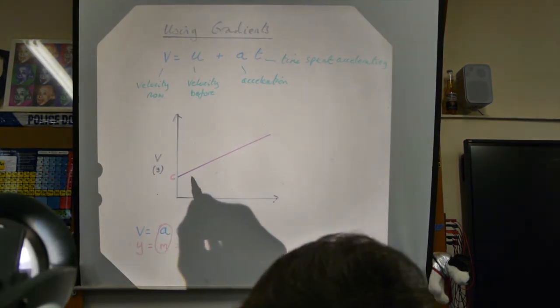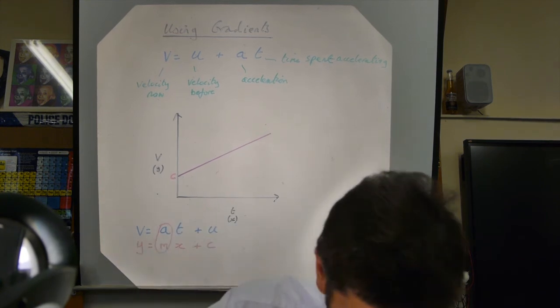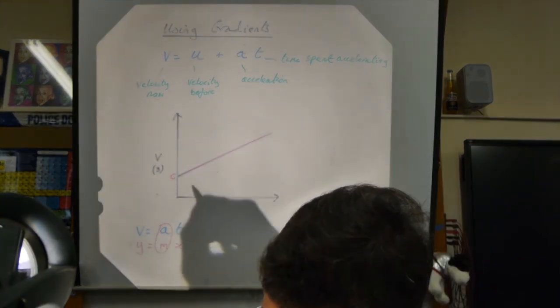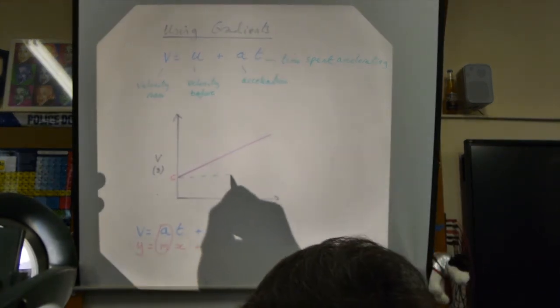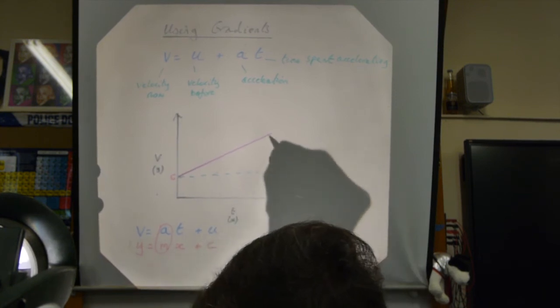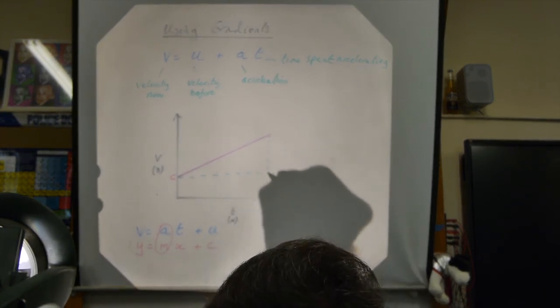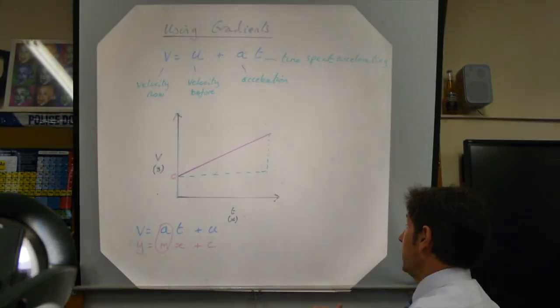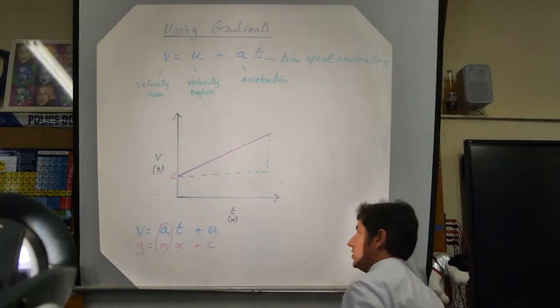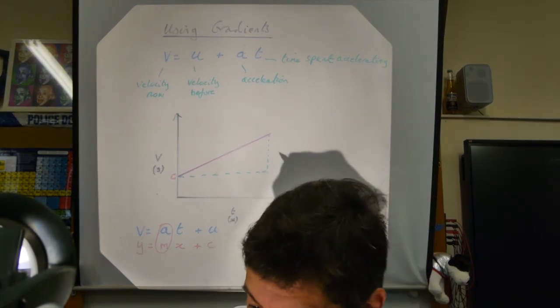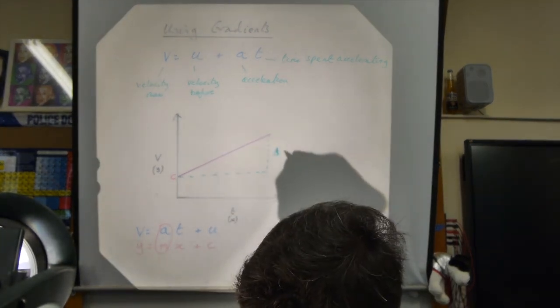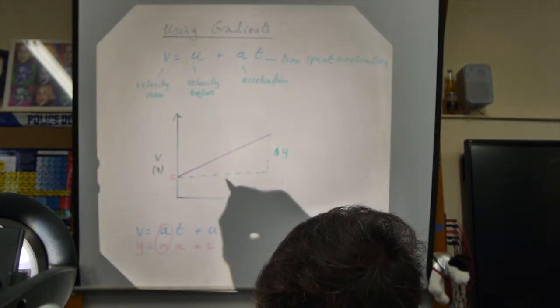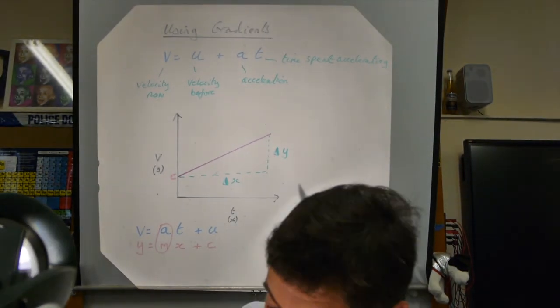You use a ruler for this, but bear with me because I'm doing this quite quickly. So here we go, biggest triangle that fits nicely. Okay, so there's my triangle, and obviously that should be horizontal. So here we've got a change in y value and a change in x value.